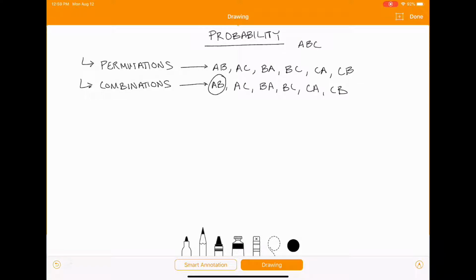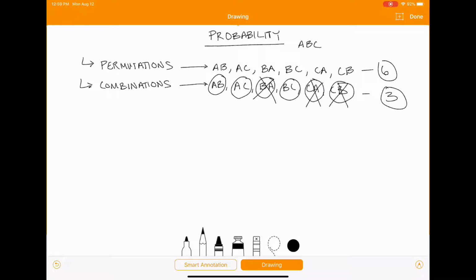So for AB and BA, we've got the same letters, so one of those is going to go away. The same goes for AC and CA, and for BC and CB, because again, the order doesn't matter for combinations. So for permutations, we've got 6 for this instance, but we've only got 3 combinations.